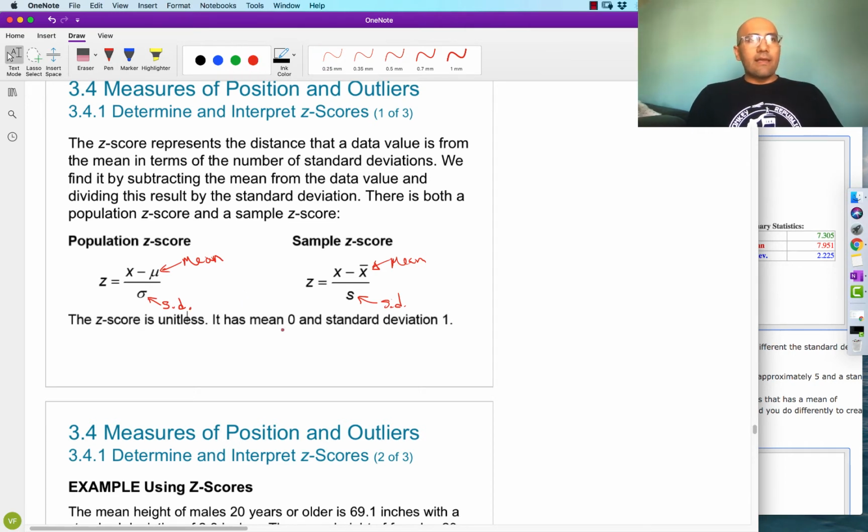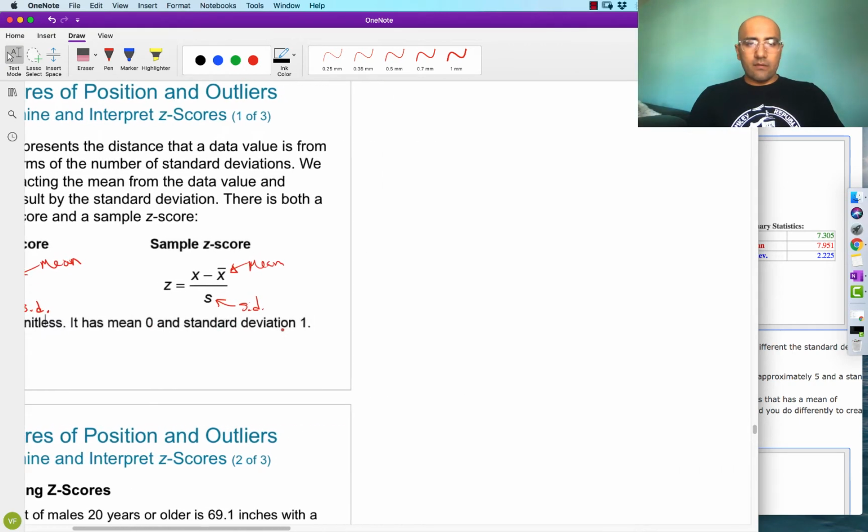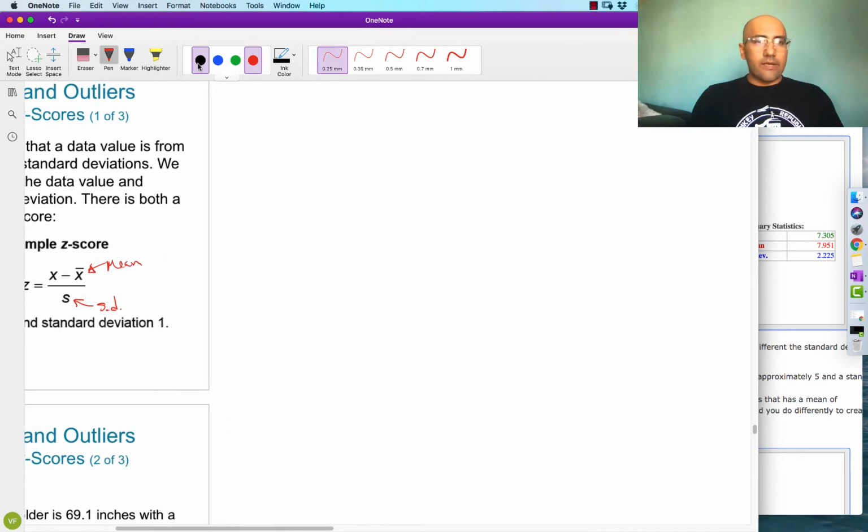This idea of how many multiples of something is hard for people to grasp, but remember that we do that already all the time. If somebody asks me how tall I am, I say I'm 5 foot 9 inches.